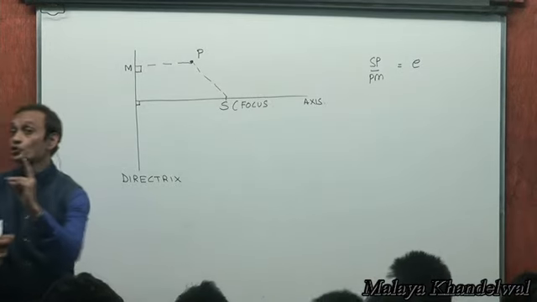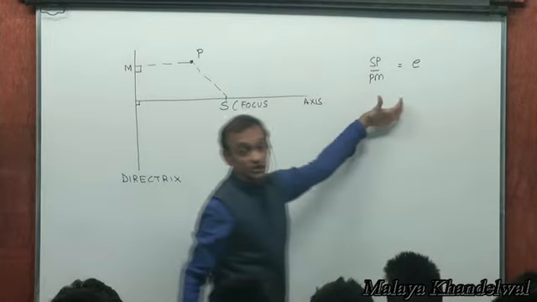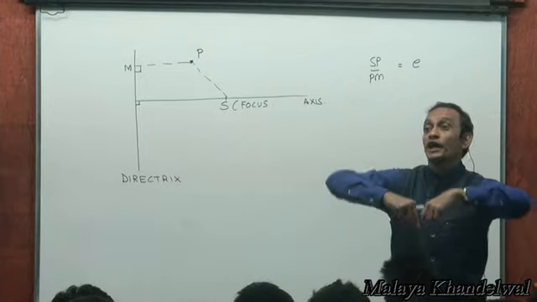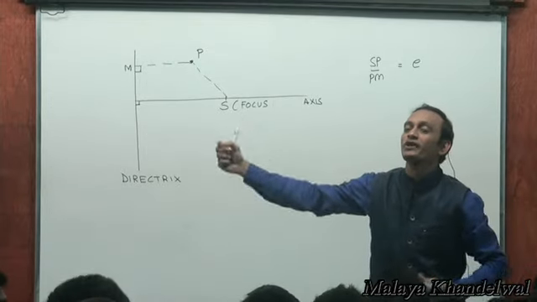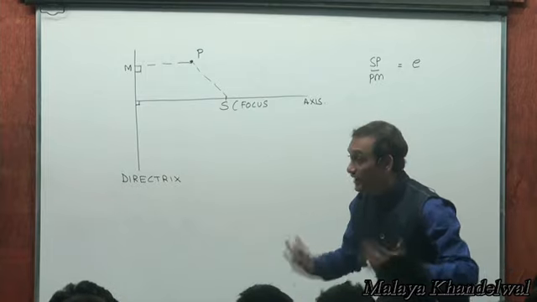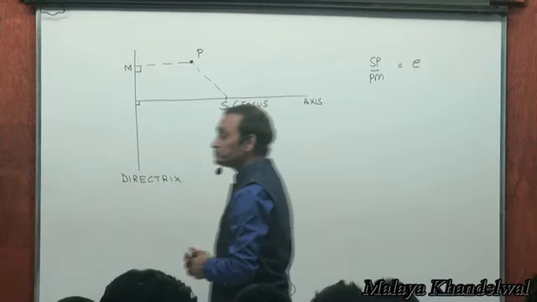Now, notice, not all points in the plane will subscribe to this condition, right? A certain bunch of points will subscribe to this condition, and when you populate these points and join these points, you end up producing a conic based on the value of E that is assigned to the conic.